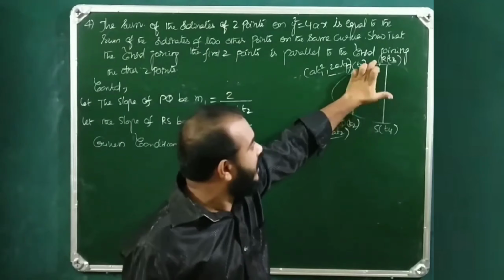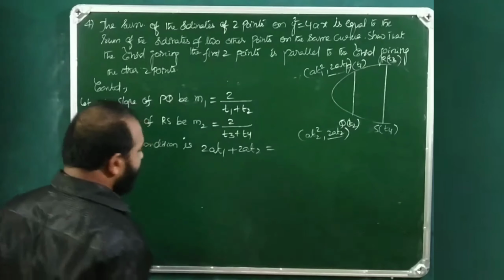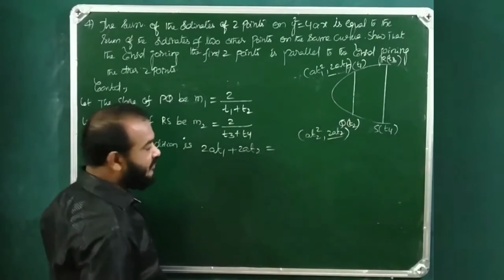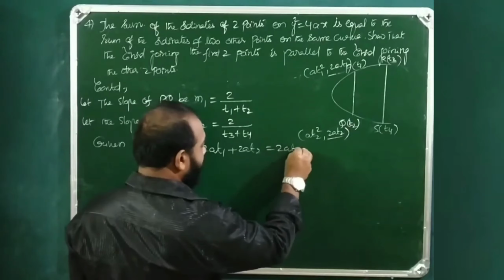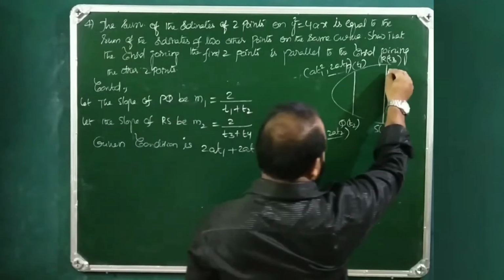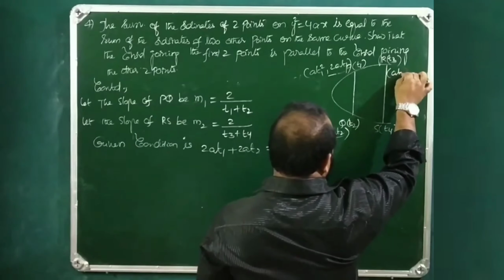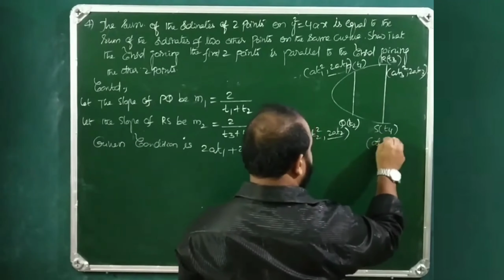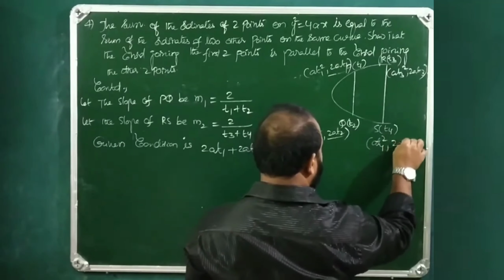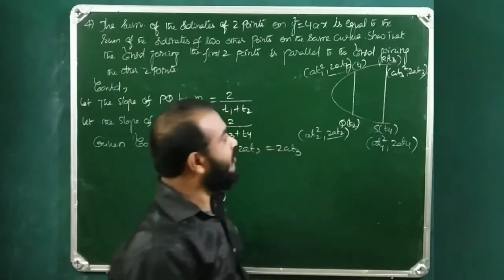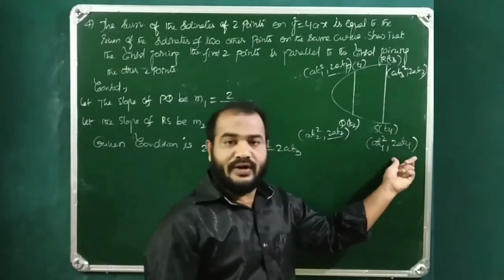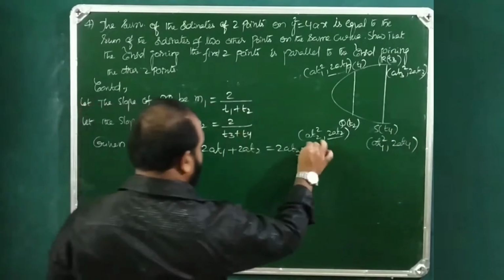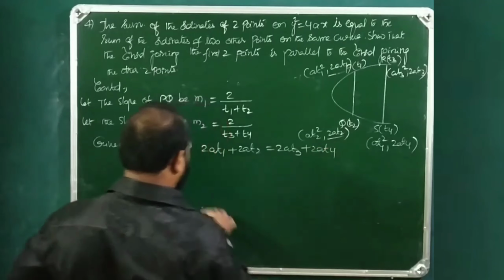Other 2 points are R and S. Their sum of the ordinates is 2a t3 plus 2a t4, because we have taken (a t3 square, 2a t3) and (a t4 square, 2a t4) as parametric points.